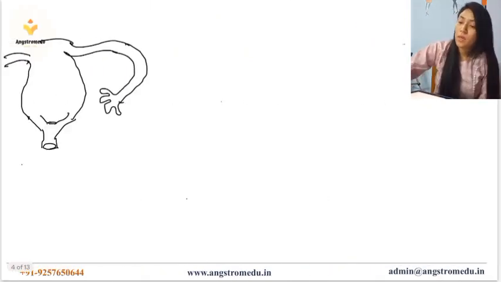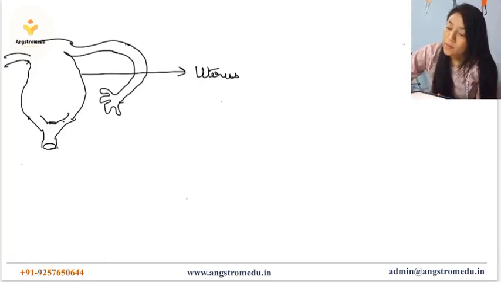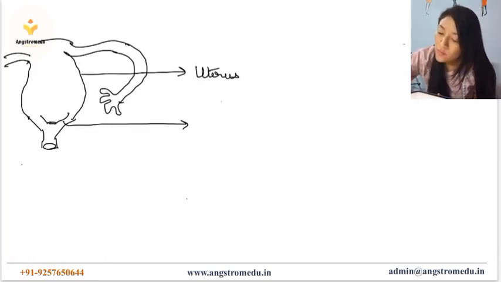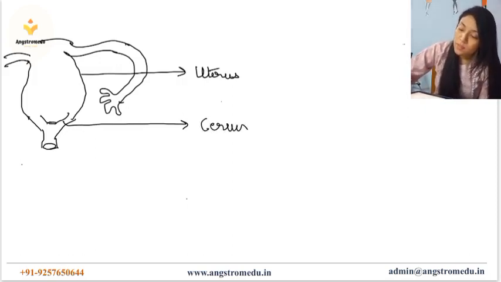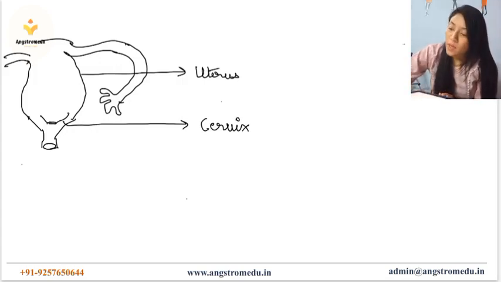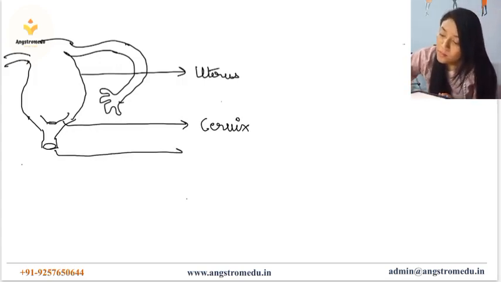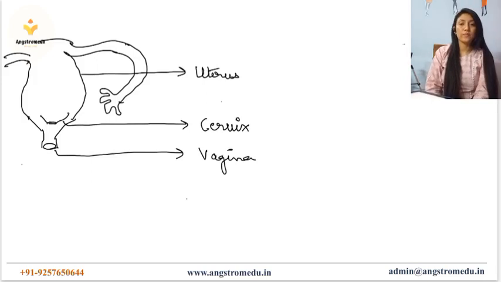Here is your uterus. Right at the bottom of the uterus, you'll find the cervix, a small opening, and then right under the cervix, you'll find the vagina.